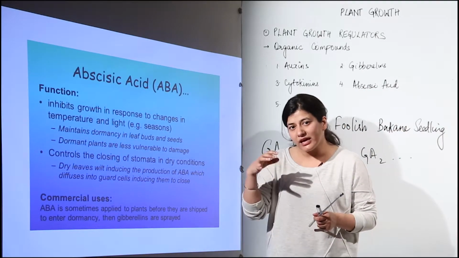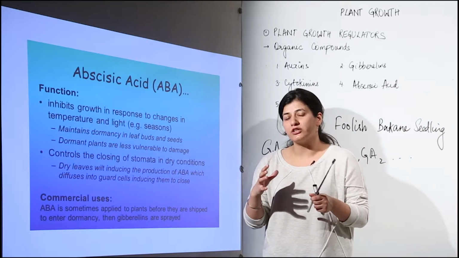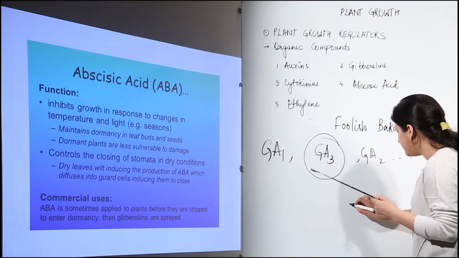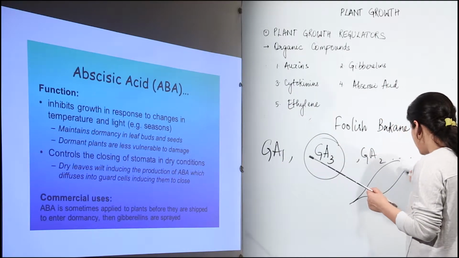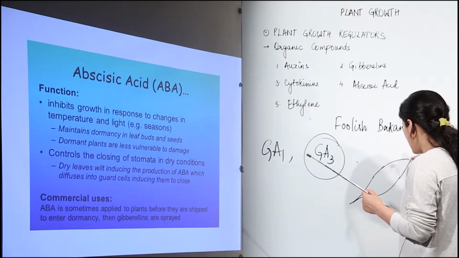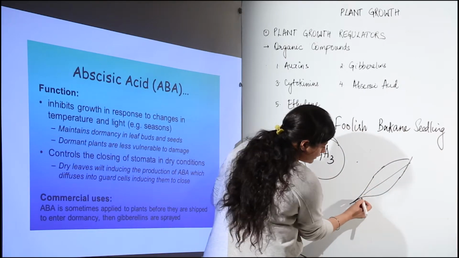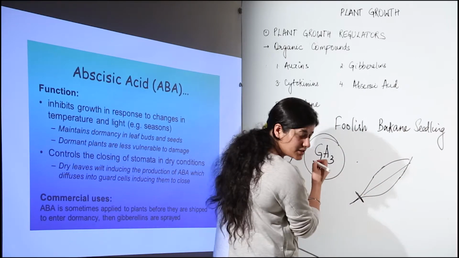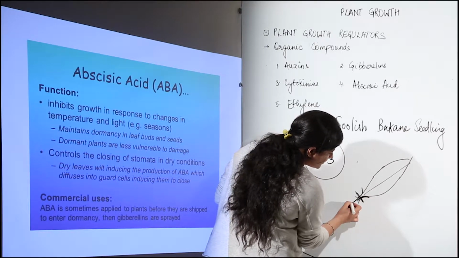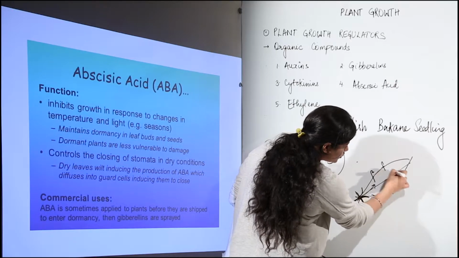The abscission layer is formed between the leaves where ethylene comes and stops the functioning of cytokinins over there. Supposedly I'm talking about abscission of the leaf. We have a topic specially devoted to abscission where we talk about how leaf abscission takes place. See over here, an abscission layer is being formed, from where ethylene works more and more, and it does not allow cytokinins for cell enlargement and addition of new cells.